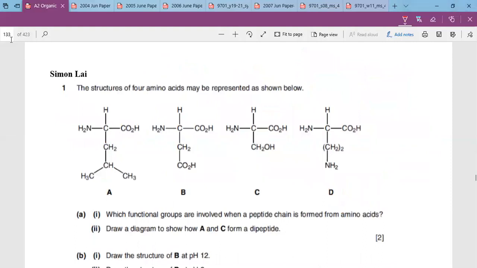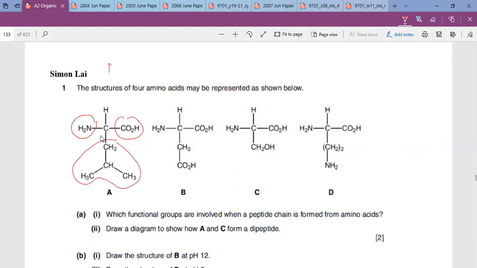You can see the structures of 4 amino acids may be represented by A, B, C, and D. For A, there is 1 amino group to 1 carboxylic group. Now this is an alkyl group. So this is neutral.